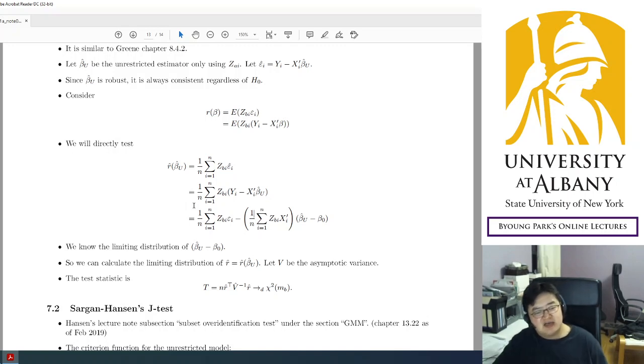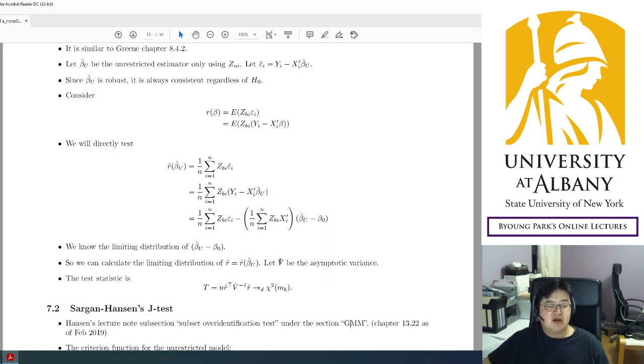It's not difficult, but it's not clean. So I will not show you how to do this, but what you need here is the variance.